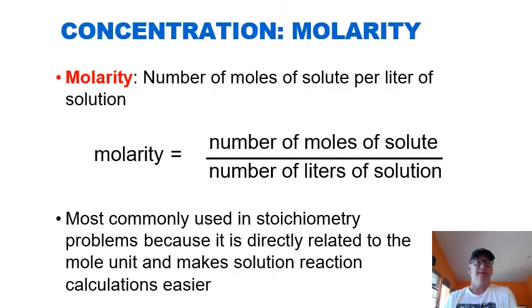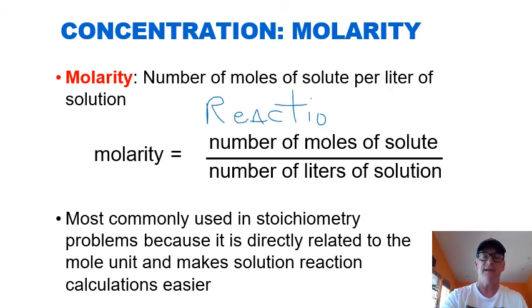Now molarity, I should know molarity by now, right? Just moles of solute over liters of solution. That is the most common method of using concentration when we want to deal with reactions. If we're not particularly interested in reactions, a lot of times we will just use volume over volume, or mass over volume.